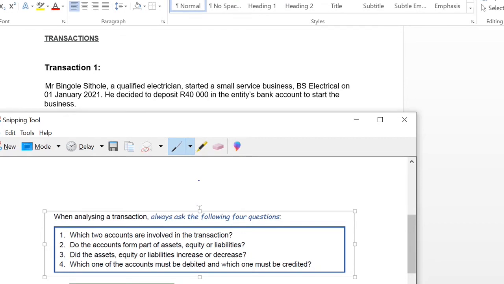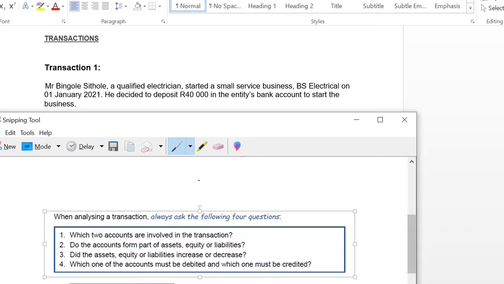When an owner starts a business, the money they start the business with is called capital. So the accounts involved, when you look at that bank statement, are capital and bank.